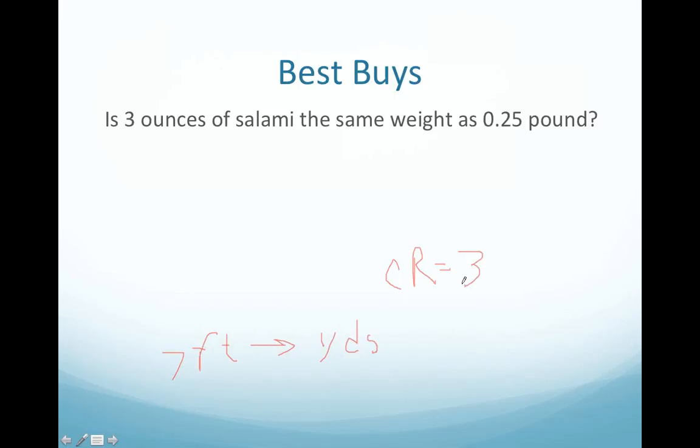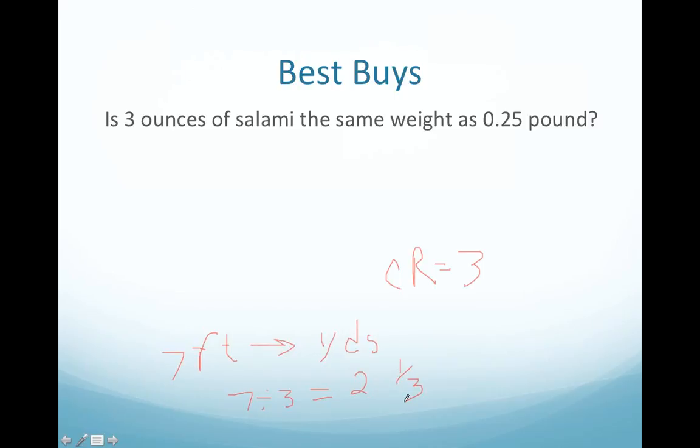Okay, and that's because there's 3 feet in 1 yard and there's 1 yard in 3 feet. So that's my conversion rate. So if I want to convert feet to yards, then I've got to take 7 and divide it by 3. And that'll tell me how many yards I got. And that's going to be 2 yards with a remainder of 1 divided by 3.